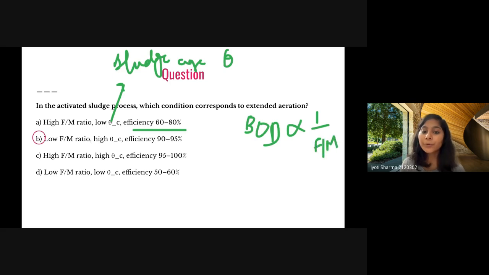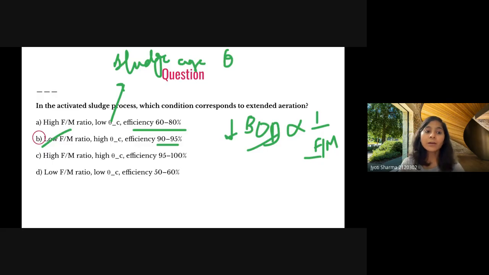So more of the BOD will be removed when your F and M ratio is low. When your F and M ratio is higher, then BOD removal will be reduced. So based on that, if your removal efficiency is higher, then the F and M ratio should be low.